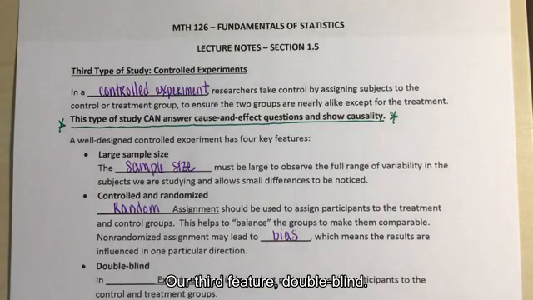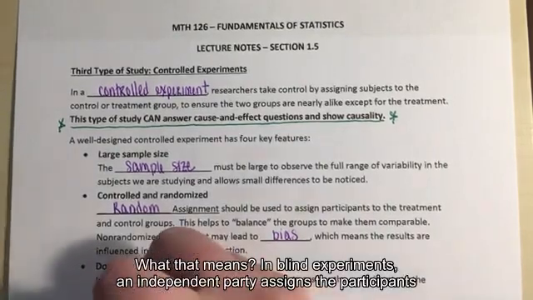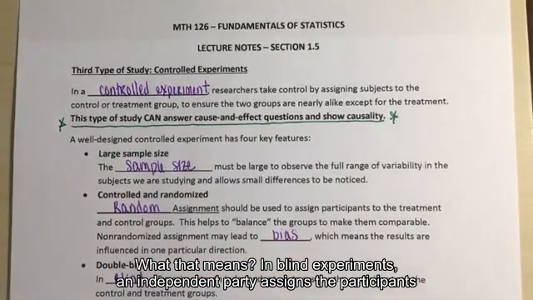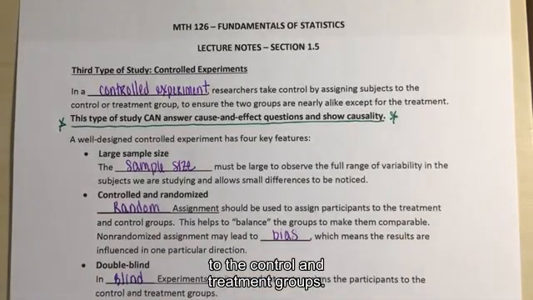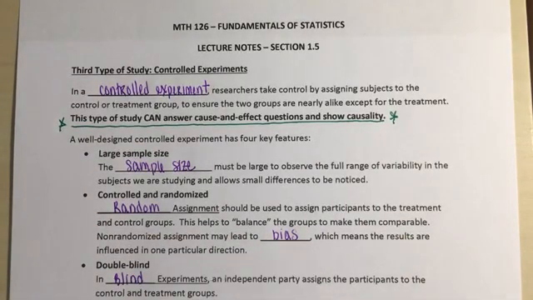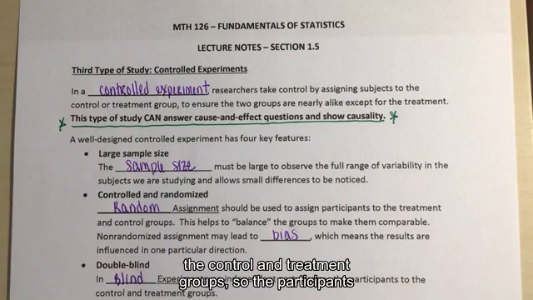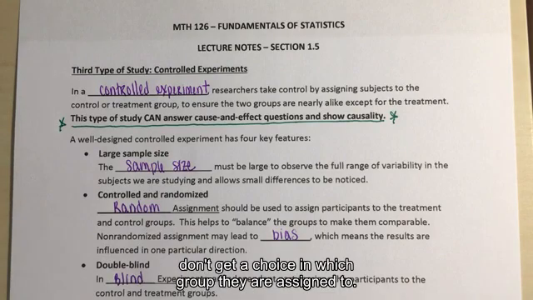Right? Our third feature, double blind. Right? So what that means, in blind experiments, an independent party assigns the participants to the control and treatment groups. Right? So some other person is assigning the participants to the control and treatment groups. The participants don't get a choice in which group they are assigned to.